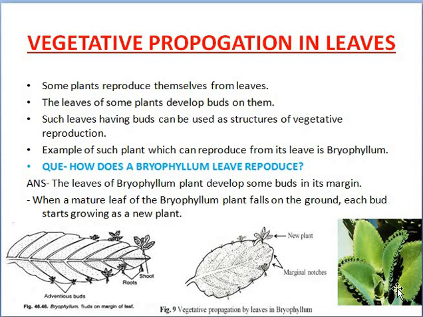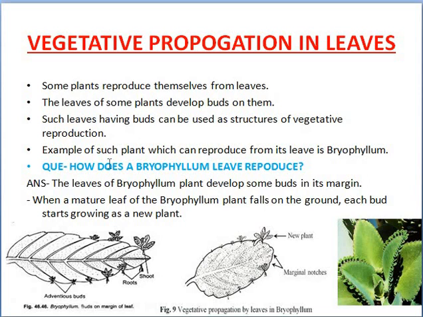It's very clearly visible in the diagram. These buds are able to produce a new plant.